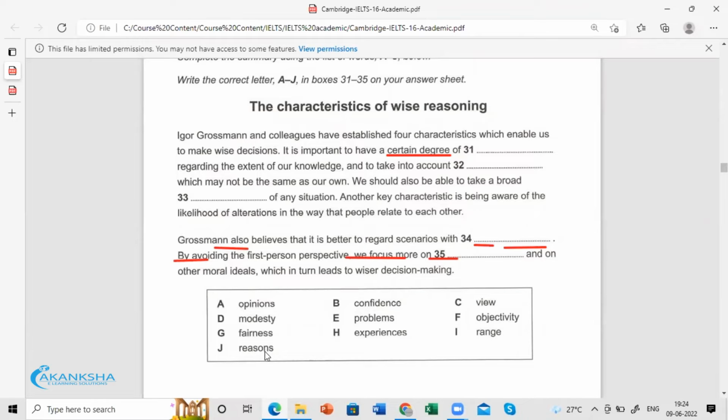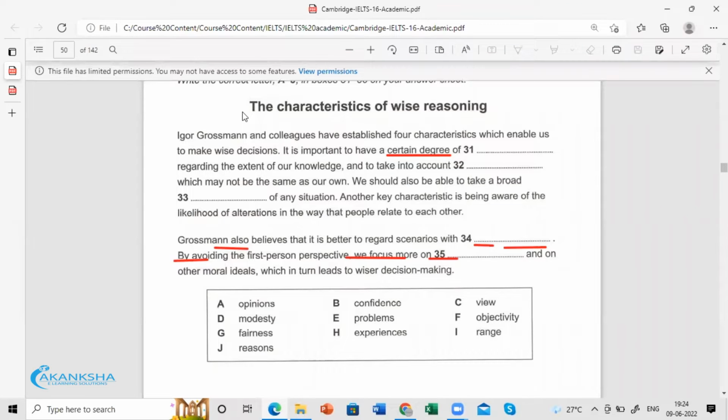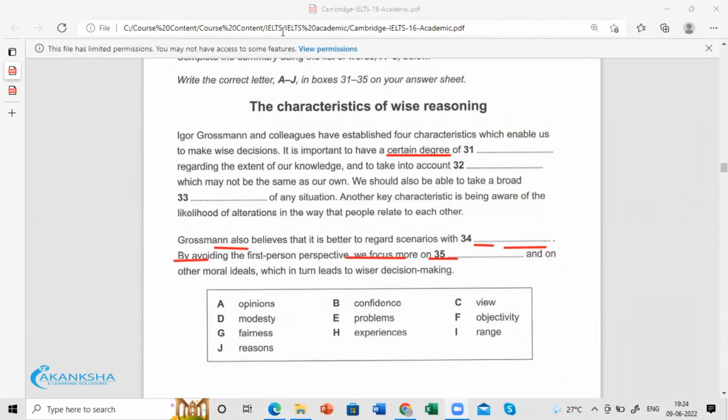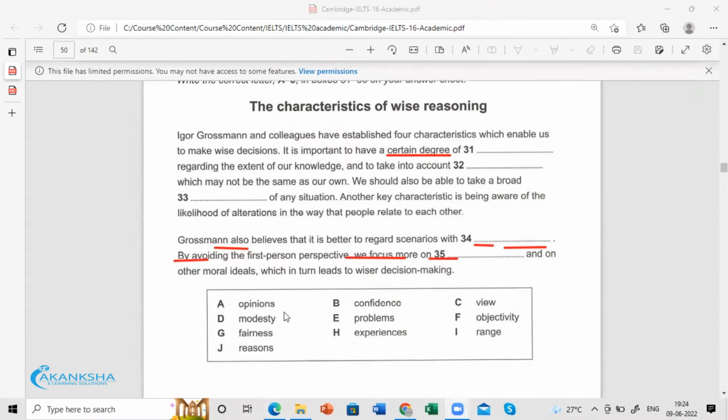That is my question. Intellectual humility. Any guesses? Sir, is it modesty, sir? Very good. Yes, it is. Thank you, sir.